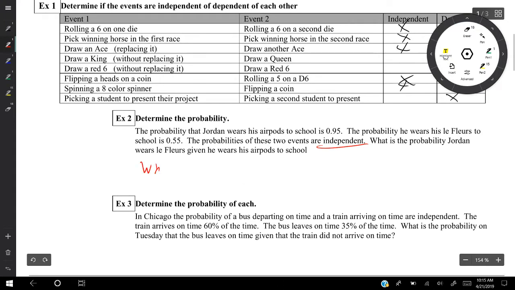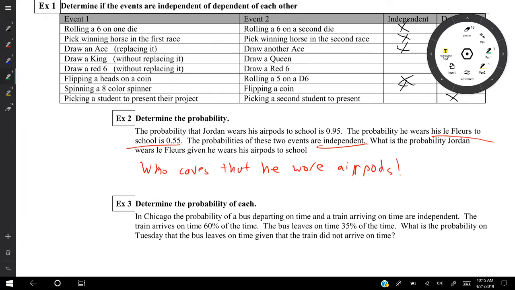Who cares that he wore AirPods? I don't care. They're independent. The probability of him wearing LaFleurs stays constant. It doesn't matter whether he wore AirPods, whether he wore some new Bose wireless earbuds.